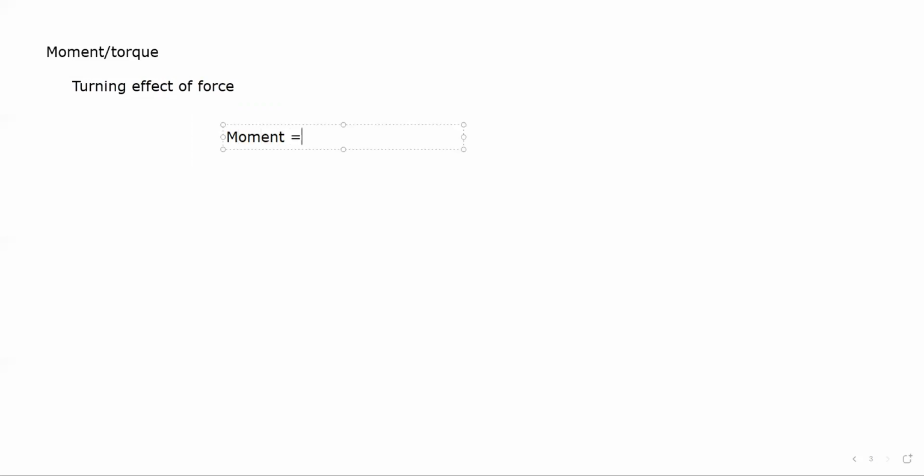If you want to calculate the moment, moment is equal to force multiplied by perpendicular distance from the pivot. Pivot is a point of rotation. The SI unit of force is Newton and the SI unit of distance is meter.